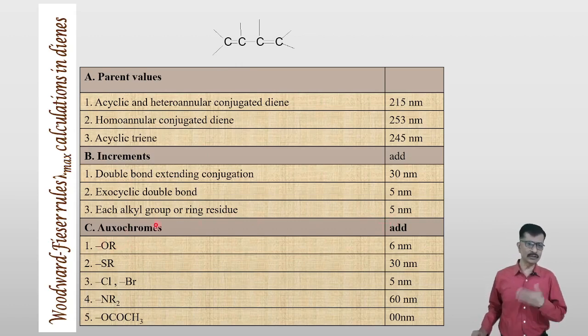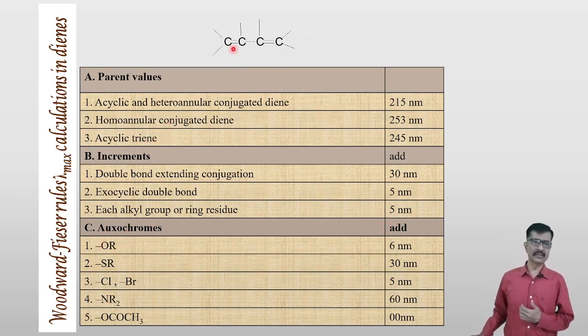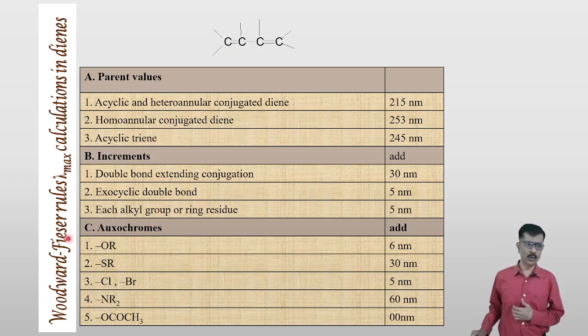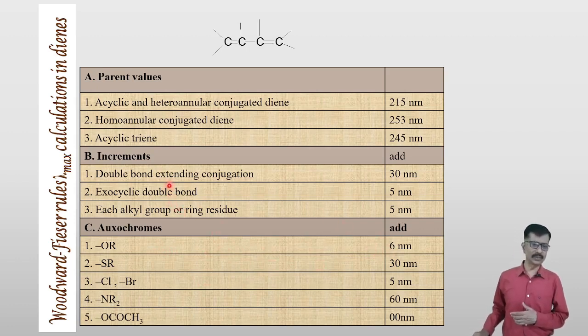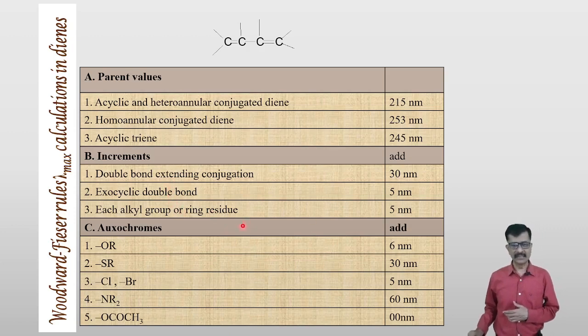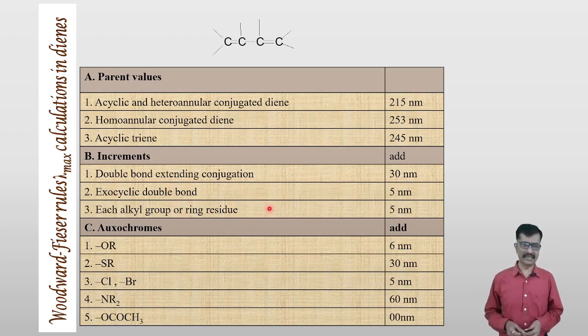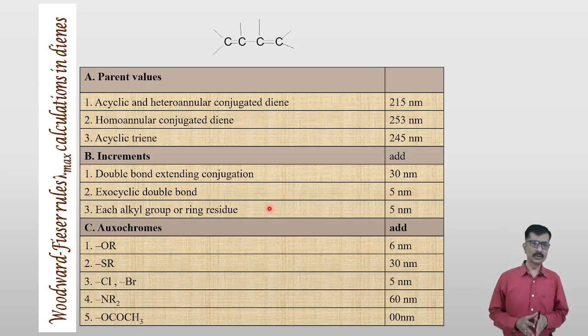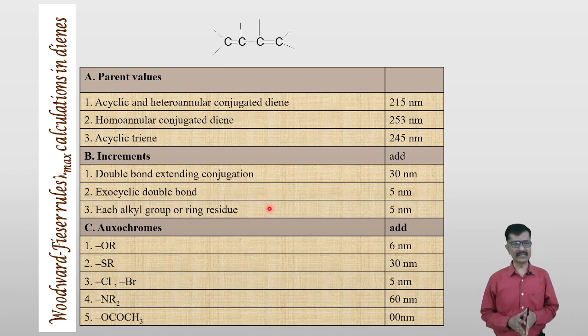If there is any auxochrome present on this allylic carbon, like OR for that 6 nanometers, SR 30 nanometers, chlorine or bromine 5 nanometers, NR2 60 nanometers, or if there is any acetoxy group OCOCH3, in that case there is no need of addition of anything. So this is the parent structure proposed by Woodward to calculate a lambda max value for a given structure.